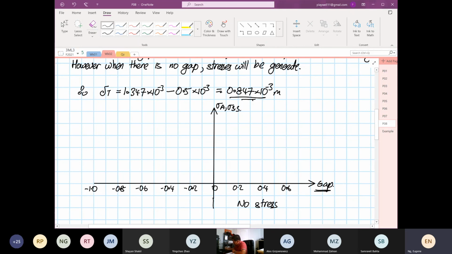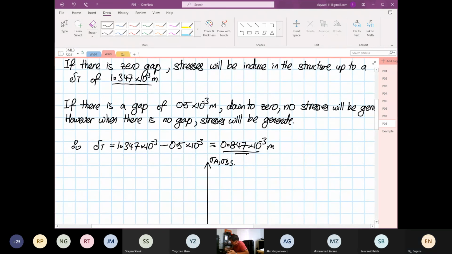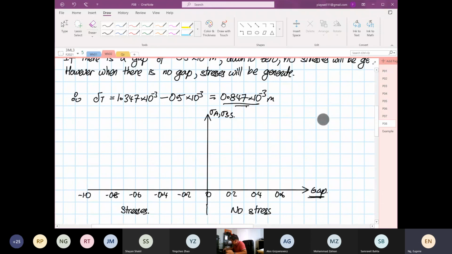When your gap goes negative, then there is what? Stresses, right? And if it's allowed free deflection, the heat will induce 1.347 times 10 to the power minus 3 of expansion for the aluminum and the stainless steel.